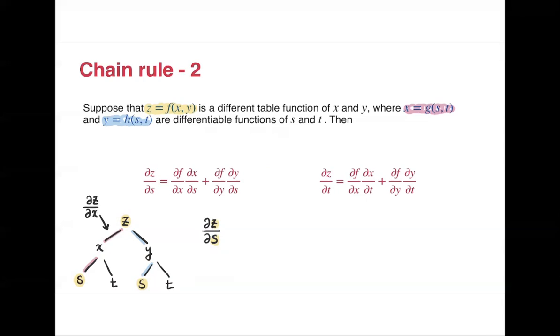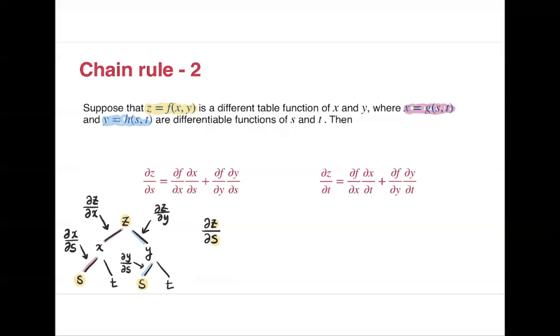And here, x is also a function of two variables, so we do not write it like the ordinary derivative. We use partial notation here because there are two variables. So for this one, we use ∂z/∂y, and here it is ∂y/∂s.